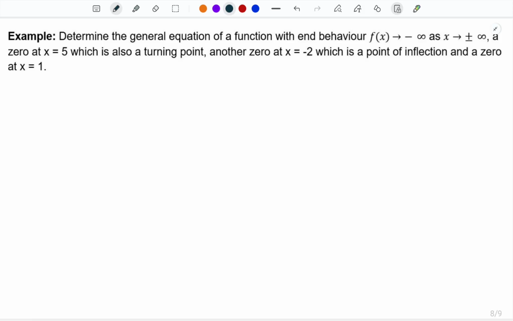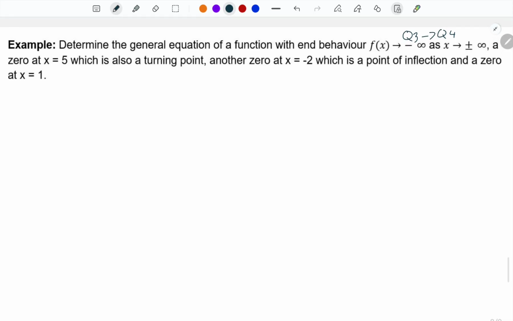So basically, we're going down as we go to the left or the right. So that's the same as saying quadrant 3 to quadrant 4. Okay, so that tells us a little bit. We'll see how we make use of that.